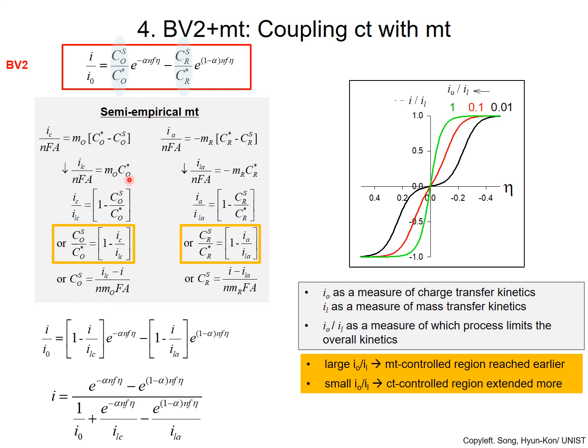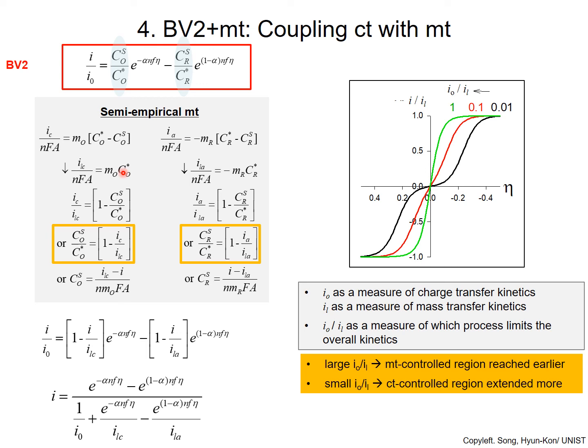The limiting current is obtained when surface concentration goes to 0. It means the oxidized species at the surface is totally converted to reduced species for the cathodic case, or for the anodic case, the surface concentration of reduced species is totally converted to oxidized species. So the limiting current, for example, for the cathodic process is the mass transfer coefficient times the bulk concentration.